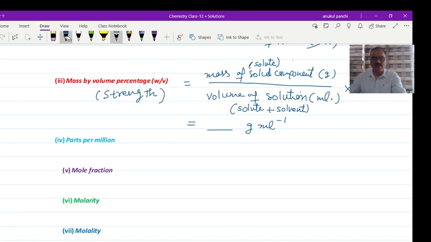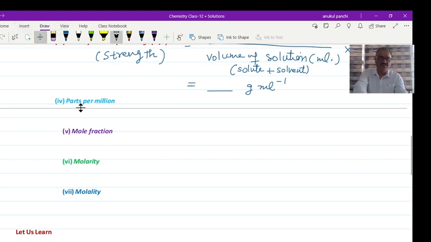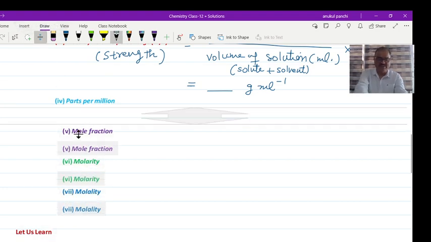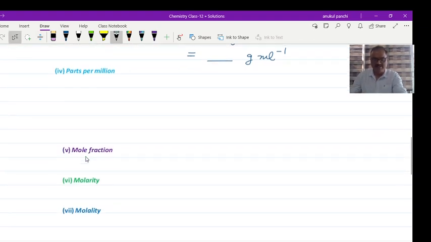Okay. Now let us discuss the fourth method of finding concentration, that is parts per million. Million means, can you tell me? Million means 10 raised to power 6, that is 10 lakh. 10 lakh is called million.